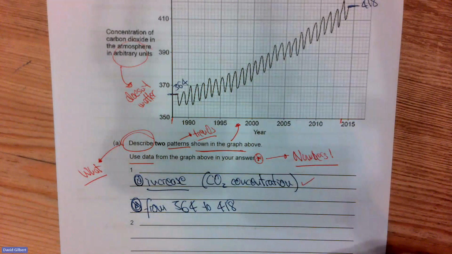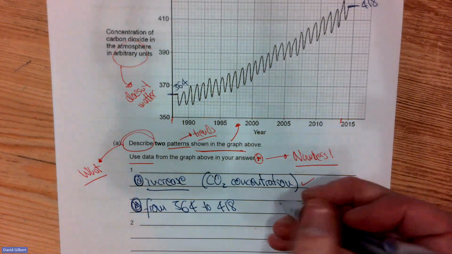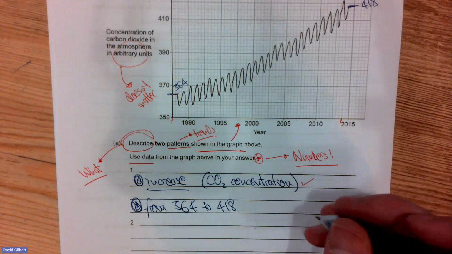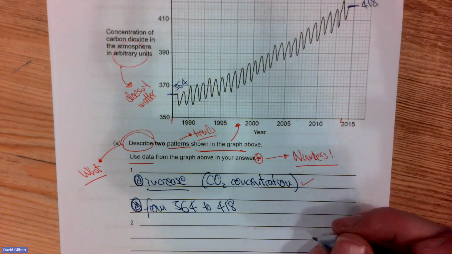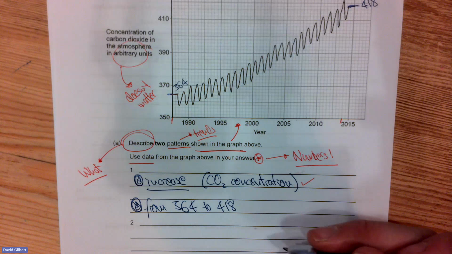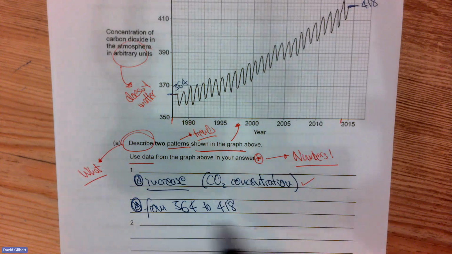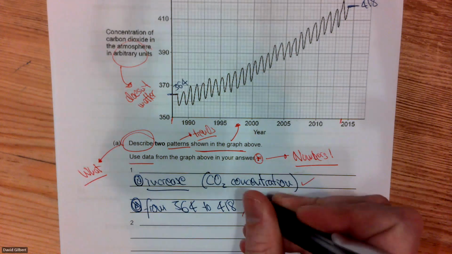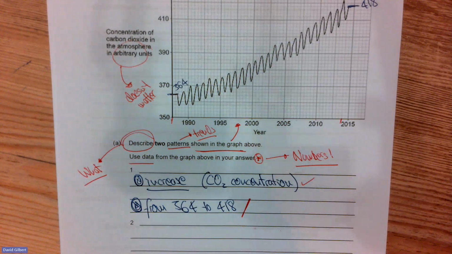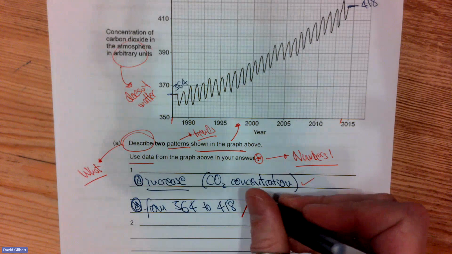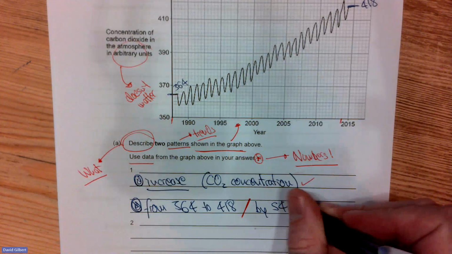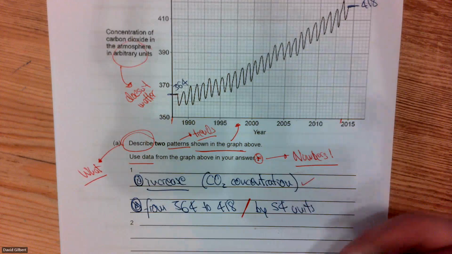Now, it might be a bit harder to read the scale. So if you were doing that and you were talking about that in terms of data, it might give you a bit of a range. The mark scheme would give you a range of values. Or you could say, oh, what's that difference? Well, it's a difference of, increased by 54 units. That'd be another way that you could get that mark. Great.